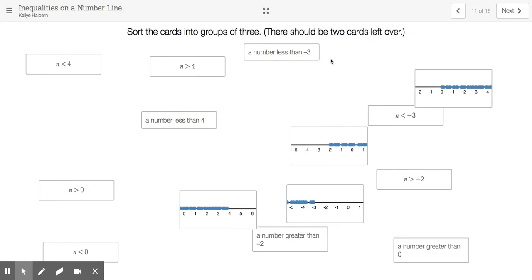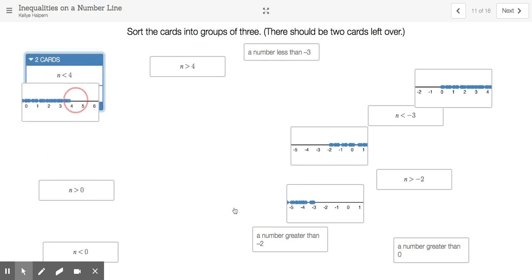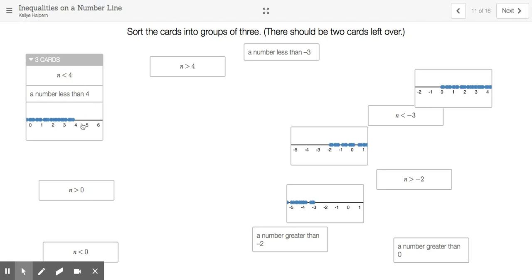For slide 11, there is a card sort where they're going to be sorted in groups of 3, and there should be 2 left over. These are all of my cards that show numbers less than 4.